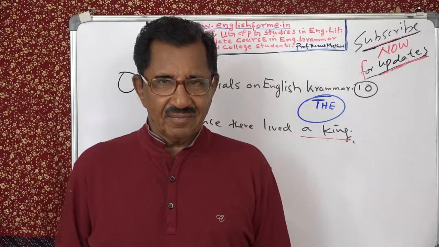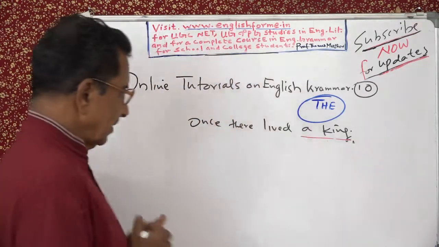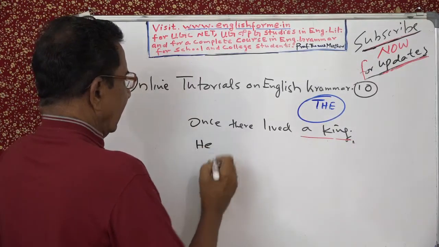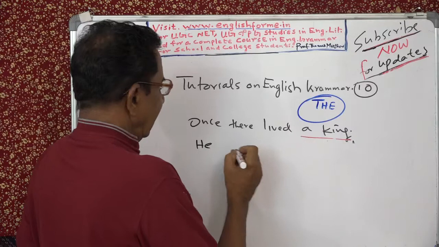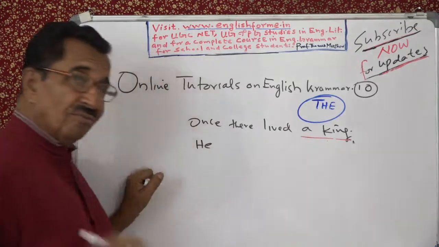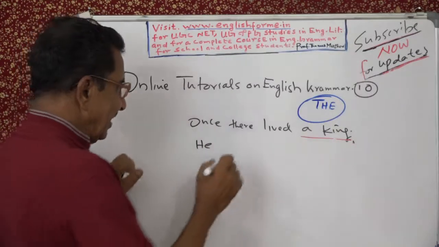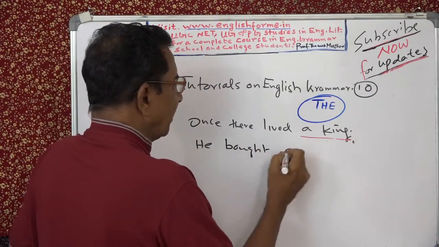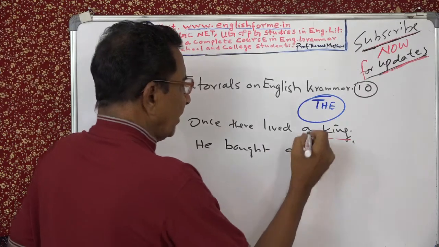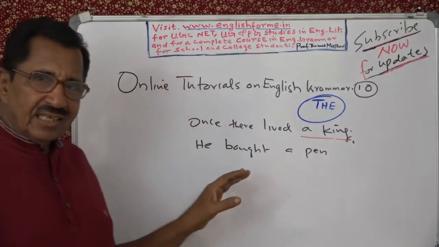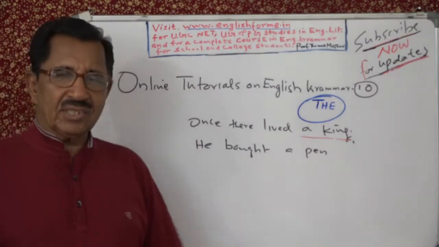Alright, clear. Now you see, what did he do? He bought a pen. Now suppose you want to make the next sentence which is connected to this.